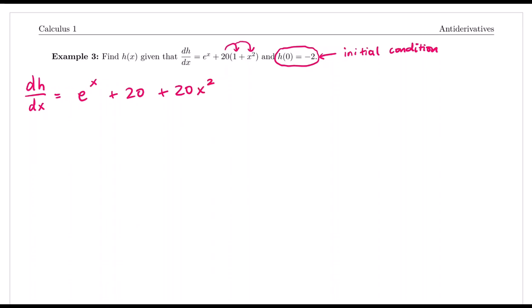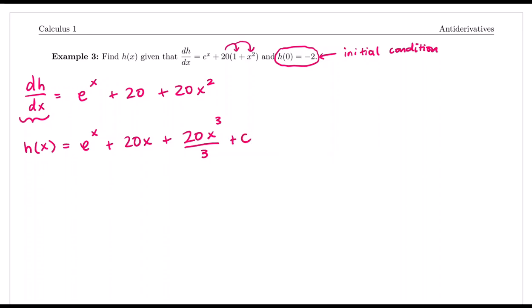Now, if I take the antiderivative of this, that will give me h of x, and the antiderivative of e to the x is e to the x, plus the function that gives me a derivative of 20 is 20x. And then I'm using the reverse power rule. I have 20x cubed, and then I'm going to divide by that new power, plus my constant of integration.